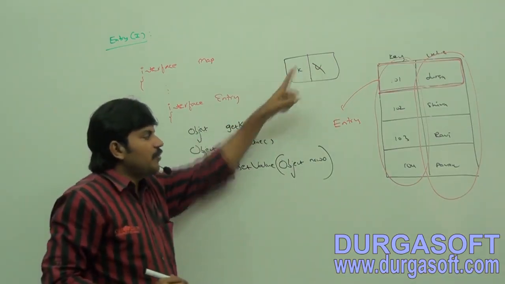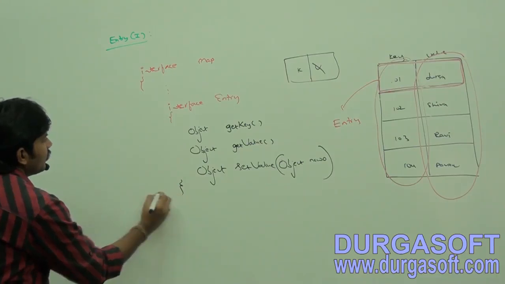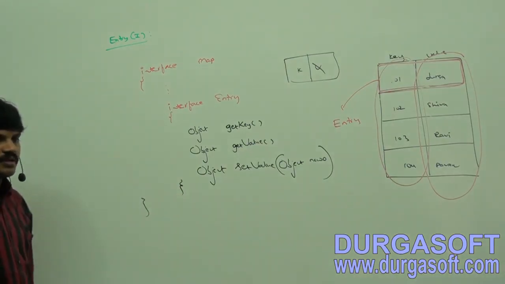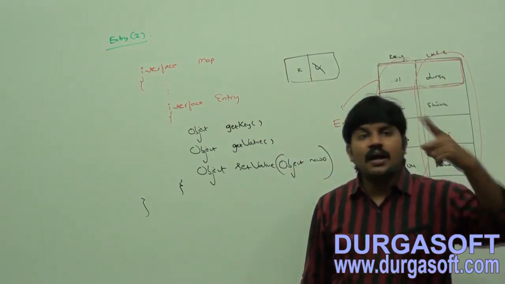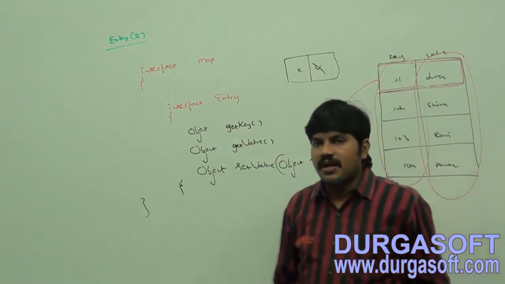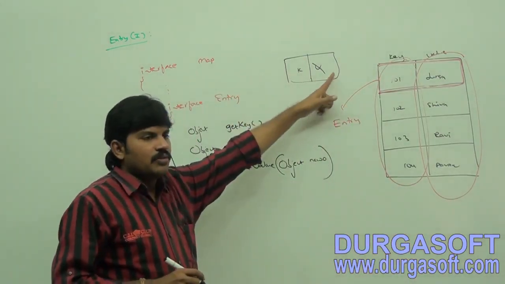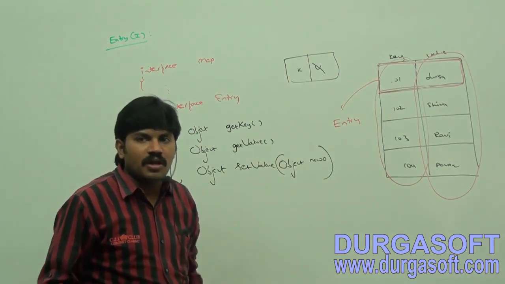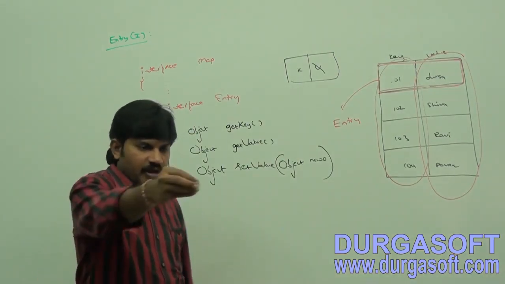So this value is replaced with the new value and the old value is returned. Are you able to understand? On the entry object, how many methods can we apply? Three: getKey, getValue, setValue. Any explanation required at this point?